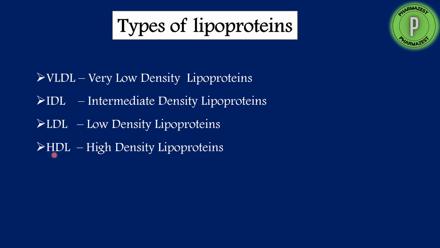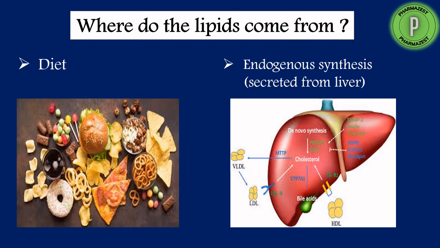Out of all these, high density lipoproteins are beneficial, that means they are good to the body. All the others, VLDL, IDL and LDL, are harmful to the body, which leads to accumulation of the lipids in the walls of the arteries and leads to atherosclerosis, thrombosis, etc.